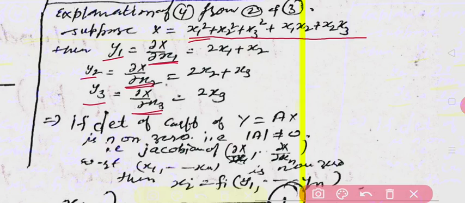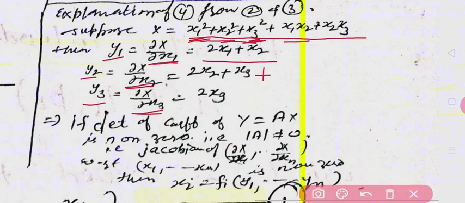Now we find out these derivatives. X is there, so what will it be? ∂X/∂x1 will be equal to 2x1 plus x2. Right? If you find out ∂X/∂x2, this will be 2x2, and that will be 0, and plus x1, and plus x3, right?